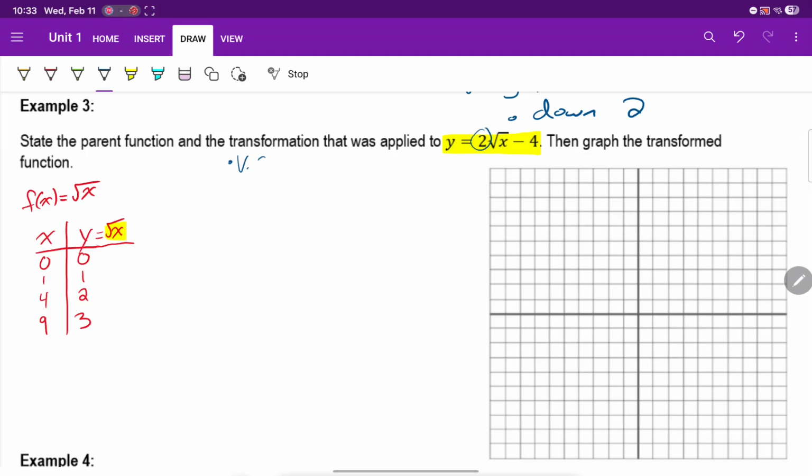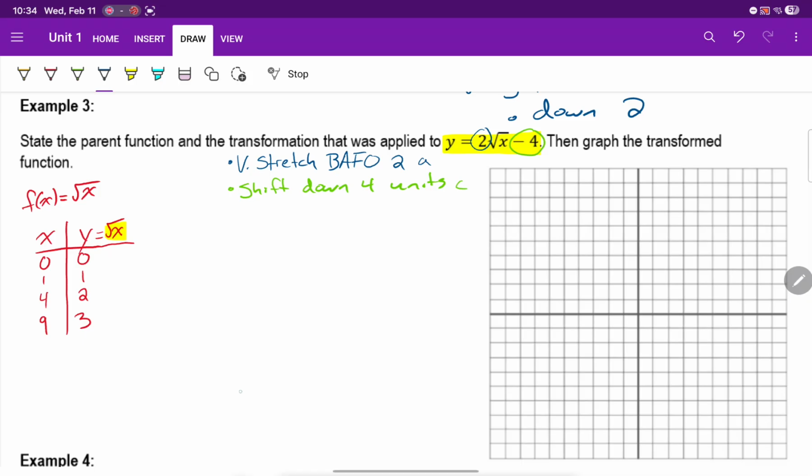That is a vertical stretch by a factor of 2. And then this minus 4 here, that's going to be a shift down 4 units. Now these are our c value and our a value.